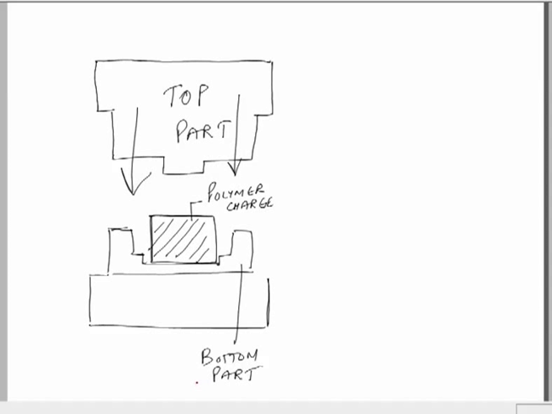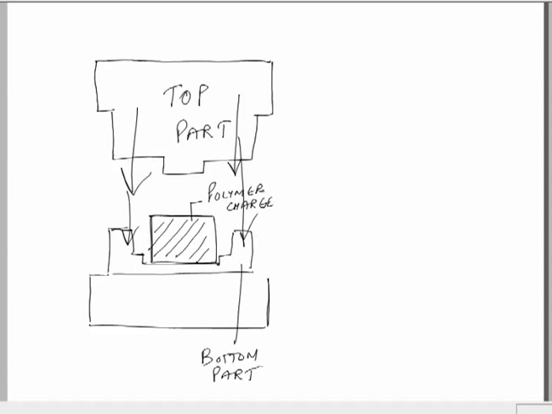So we have a bottom part of the mold, we have a top part of the mold, we have a polymer charge, and we can certainly have heating elements which would be used to heat the polymer charge, and the pressure would be applied when these two parts would combine together.